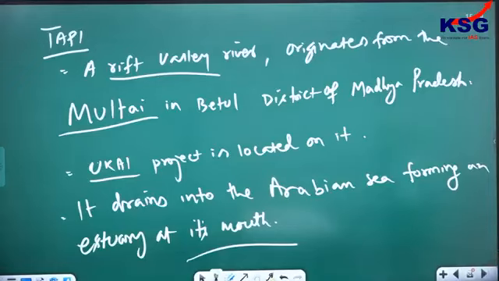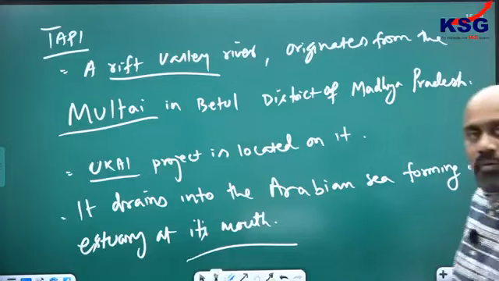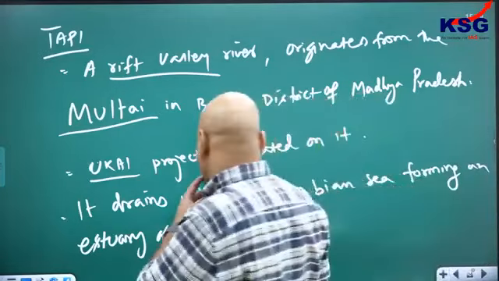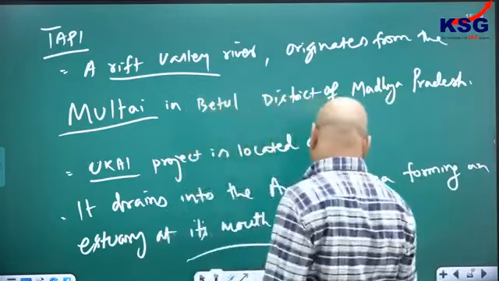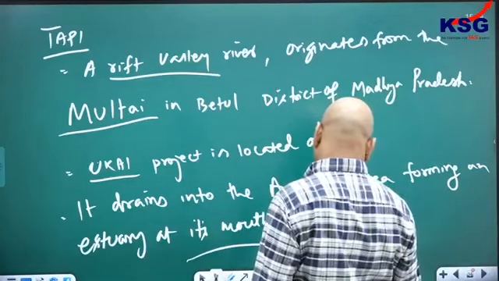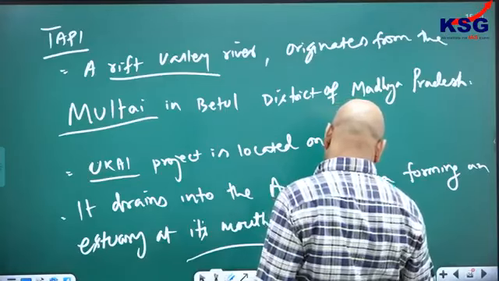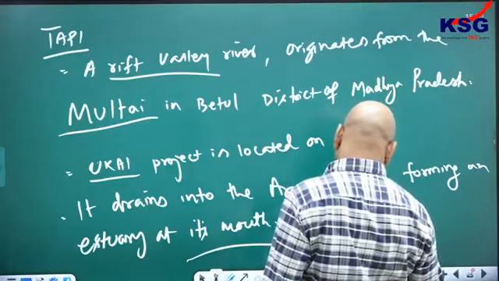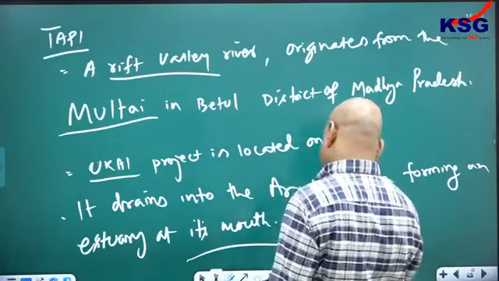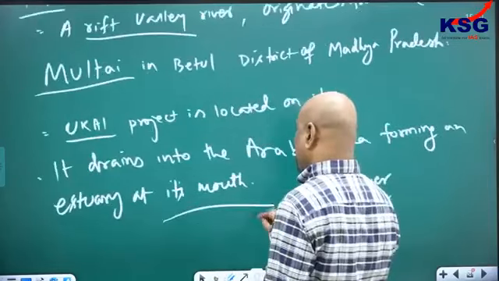Tapi. Its most important tributaries are Purna and Girna. Purna river, Girna river, they are the tributaries of Tapi river.